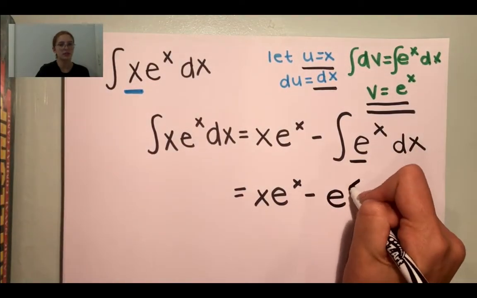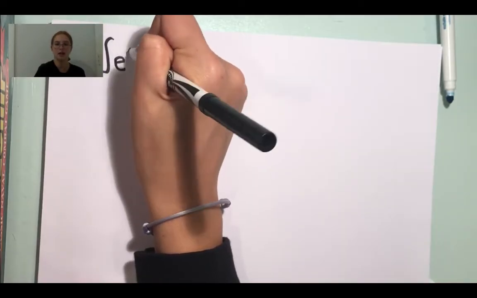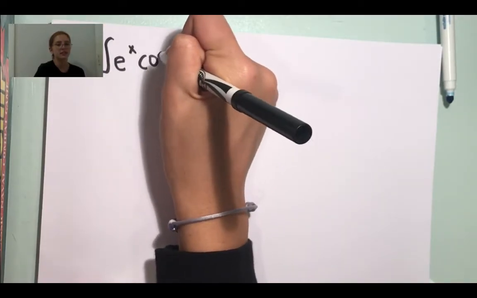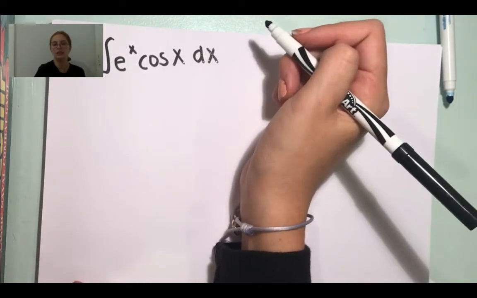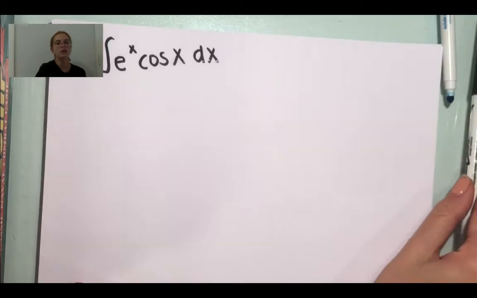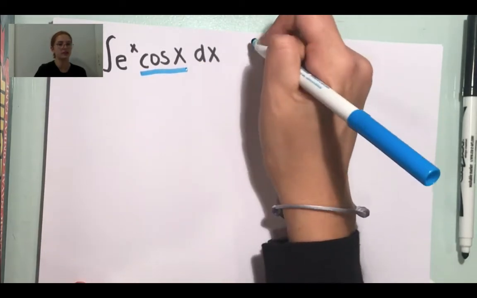The second example is a more complicated one, where you have e to the x cosine x dx. In this case, it's kind of hard to decide which one you're going to let u equal and which one you're going to let dv equal, but you usually pick u as a trigonometric function before an e to the x function. So we're going to let u equal cosine of x.